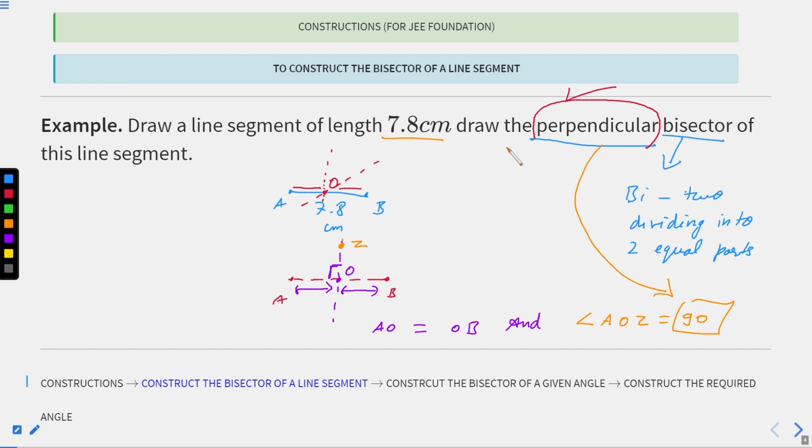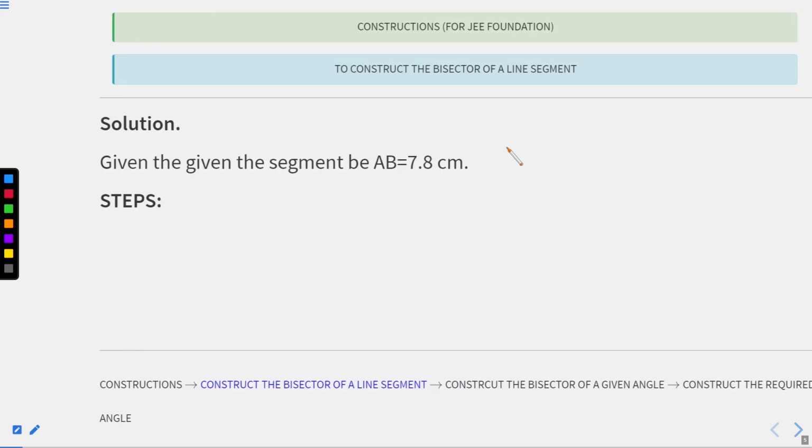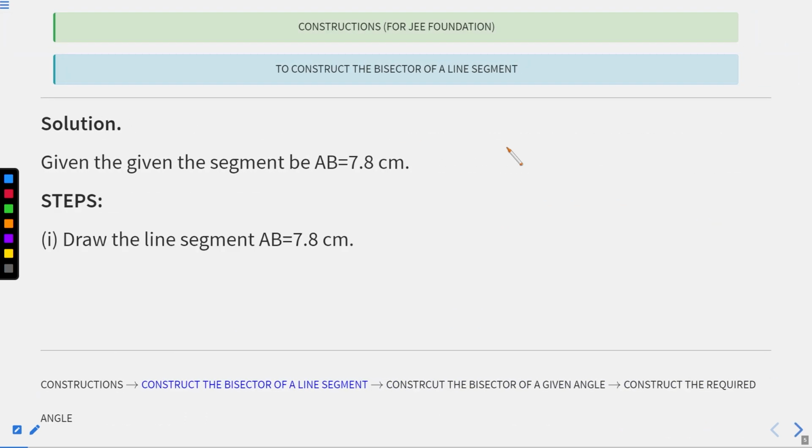First, we draw a 7.8 centimeter line segment using the ruler, say A, B, with length 7.8.